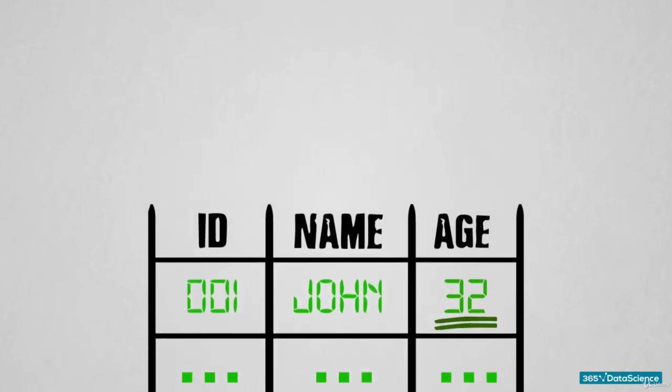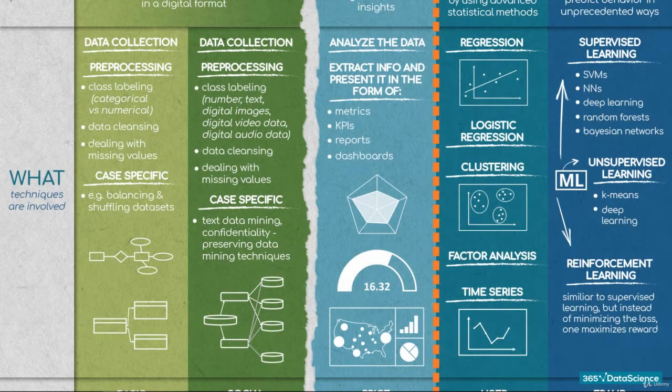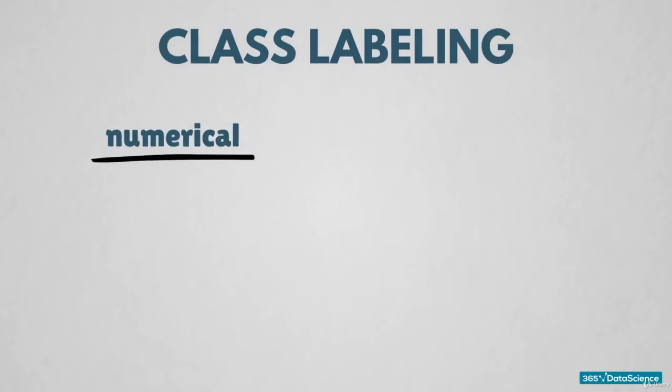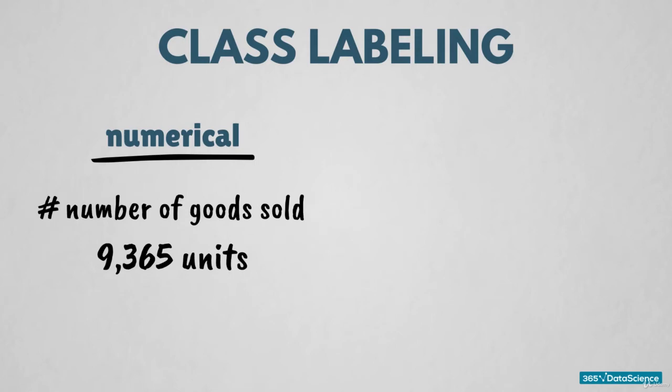Perfect. So, let's delve into the specific techniques that are applied while pre-processing raw data. One technique is class labeling. This involves labeling the data point to the correct data type, or arranging data by category. One such category is numerical. For example, if you are storing the number of goods sold daily, then you are keeping track of numerical values.